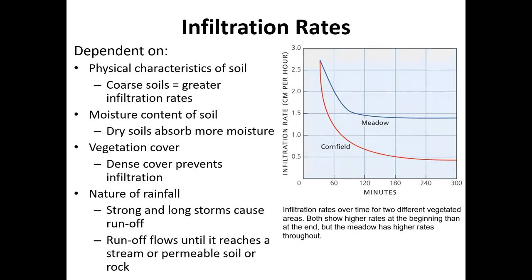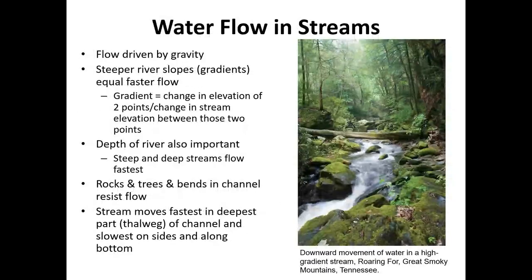If it comes down real hard and fast, the ground might get saturated with water, and then you'd have runoff, or it might not even have time to get absorbed, and it might just form runoff, where you have water that's not absorbed into the ground. It goes into a creek and then a river and then possibly out to the ocean. So slow and steady rain is more likely to be absorbed into the soil than heavy, fast rain, and more vegetation usually leads to more water being captured in the soil.